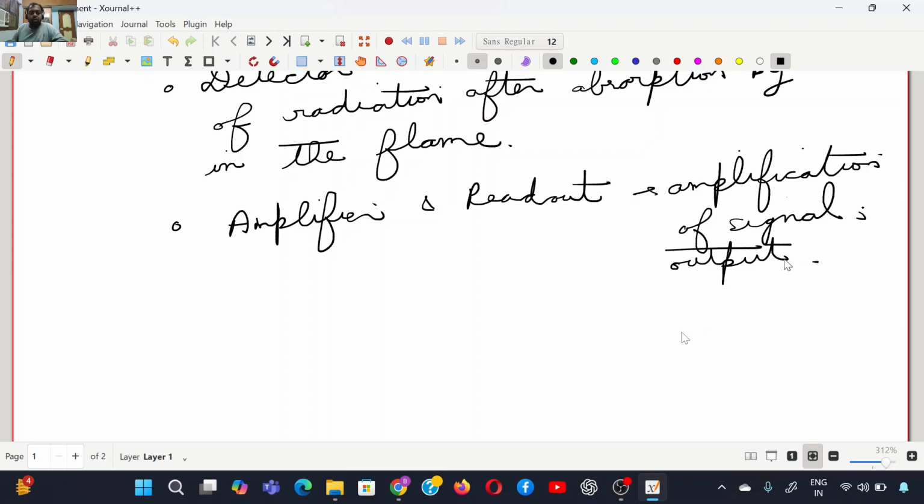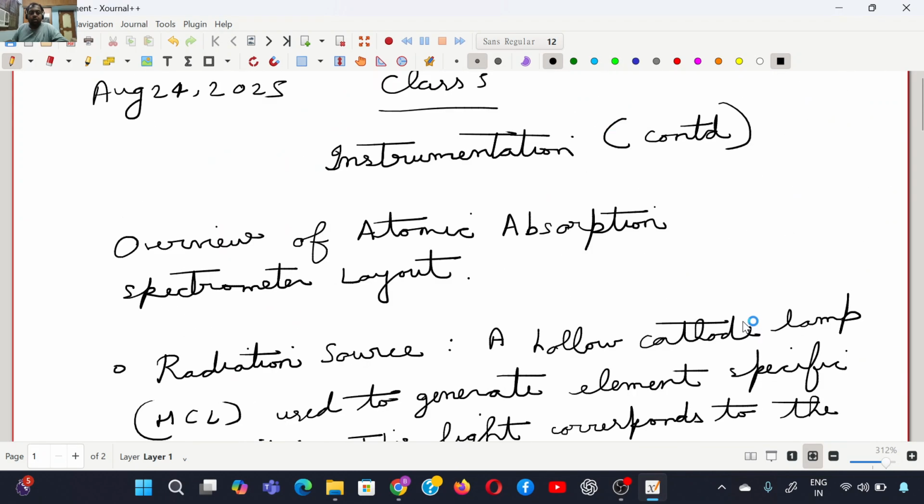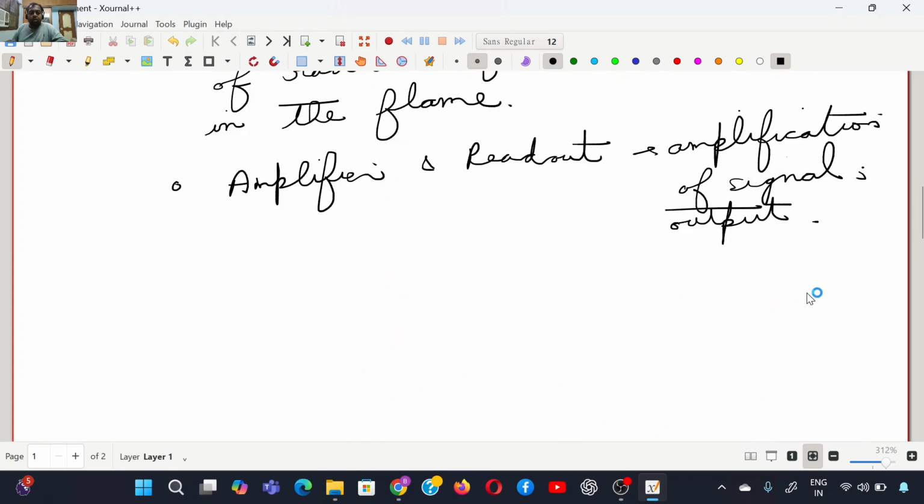So if I were to summarize this in one line, I will say that radiation from the source passes through the atomized sample in the flame where free atoms absorb at specific wavelengths, and this absorption forms the analytical signal. Okay, so this is the layout of the AAS.